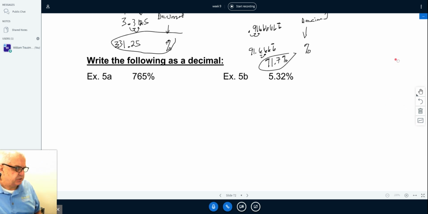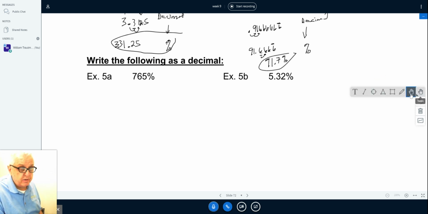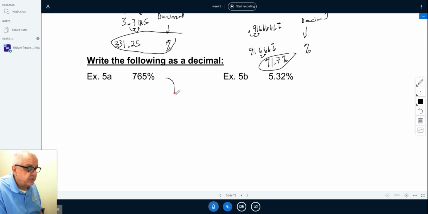Okay, so I'm only going to do one here. Change the following percent to a decimal. Okay, we know how to do that already. We just did it up there. First, you have to find the invisible decimal place in this one.